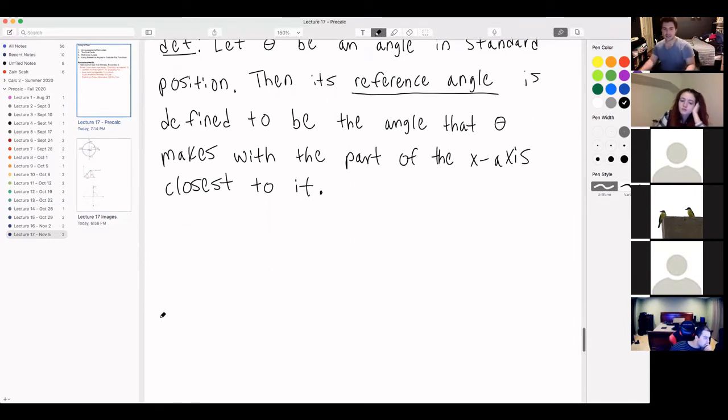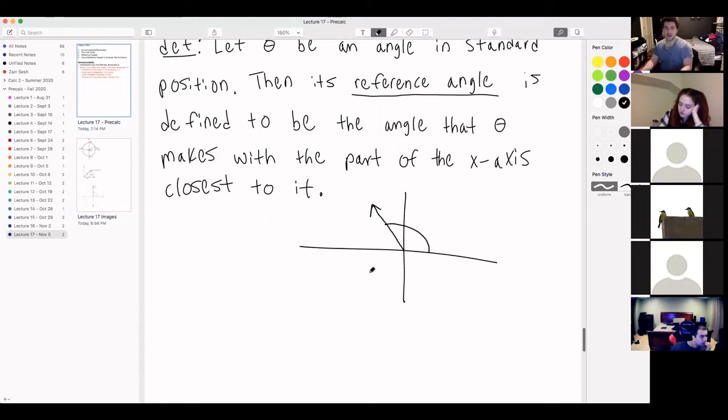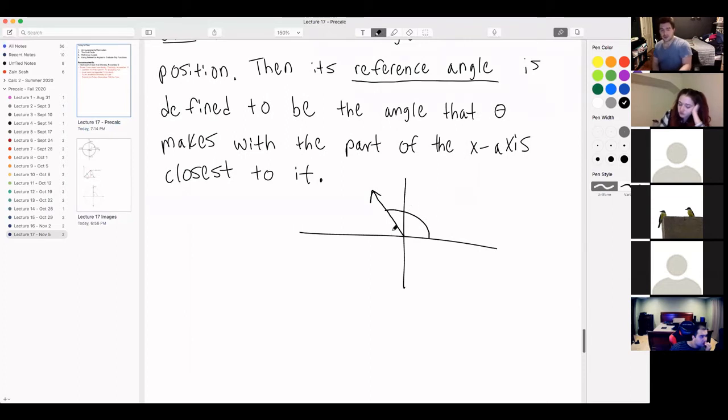So basically, you're going to be given an angle in standard position. So maybe like here. This will be our angle. So we look at the part of the x-axis that's closest to the angle. Is it this part of the x-axis or is it this part of the x-axis?